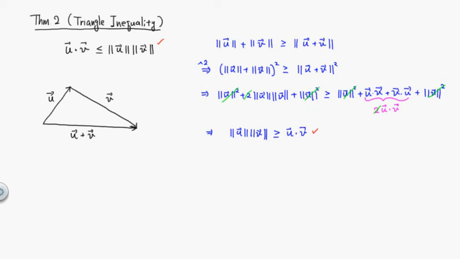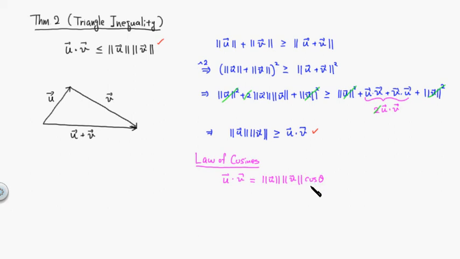But the slickest way to prove it would be using the law of cosines. Remember, the law of cosines in vector form says that u dot v is equal to the norm of u times the norm of v times cosine theta.